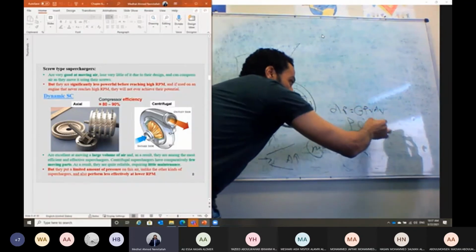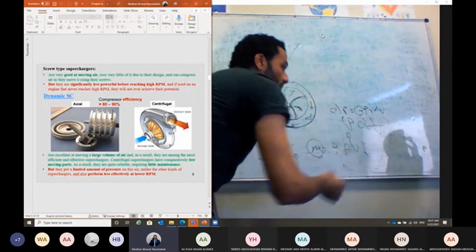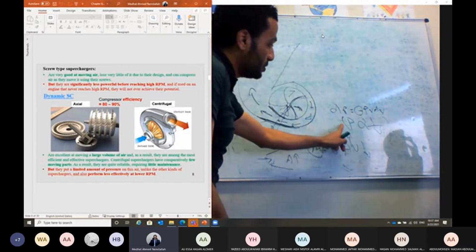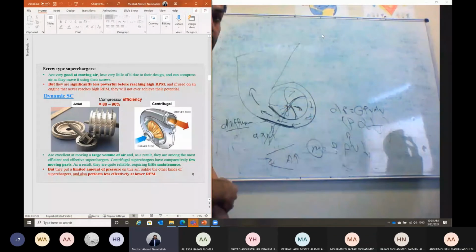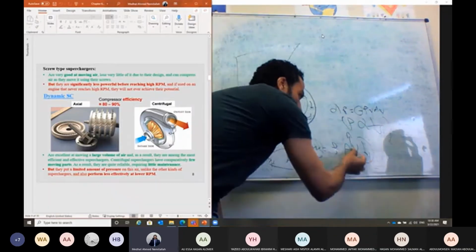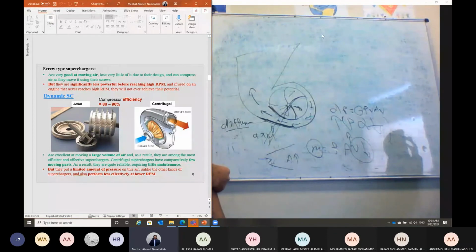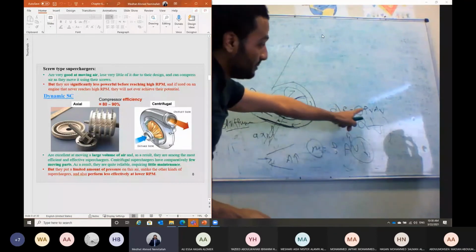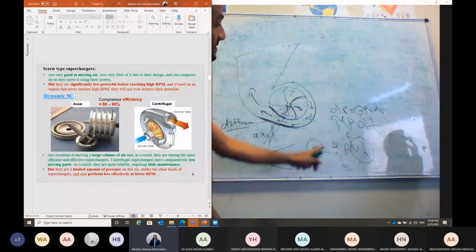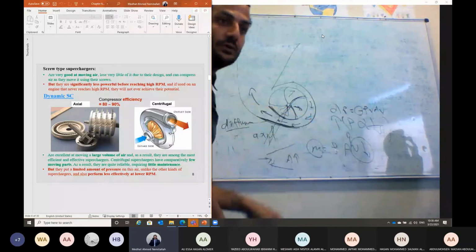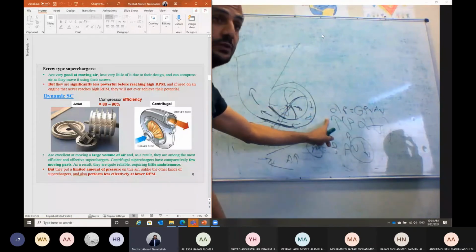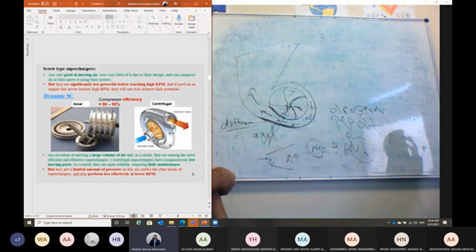That means the pressure is inversely related to the velocity. If the velocity is reduced, the pressure will be increased within the system. When the pressure is increased, the velocity will be reduced. If the pressure is reduced, the velocity will be increased.